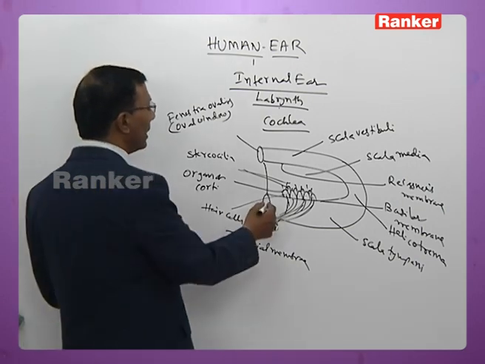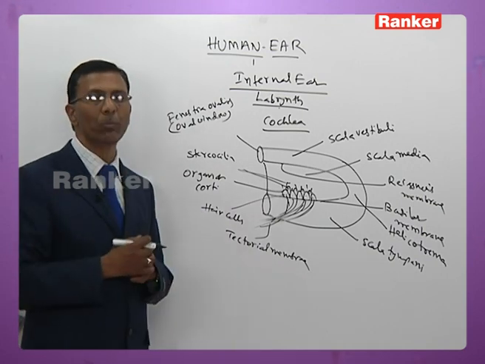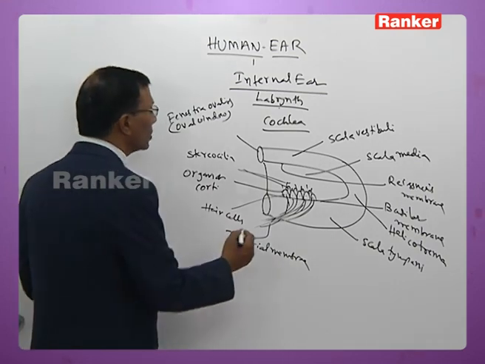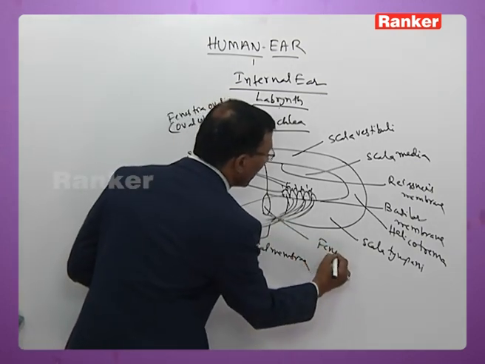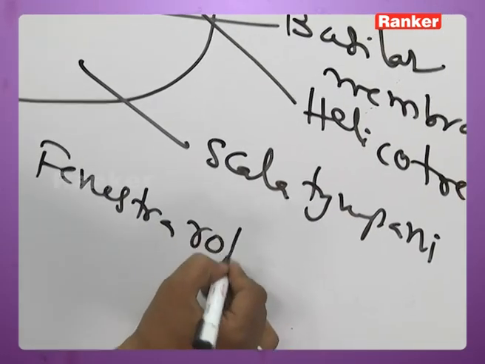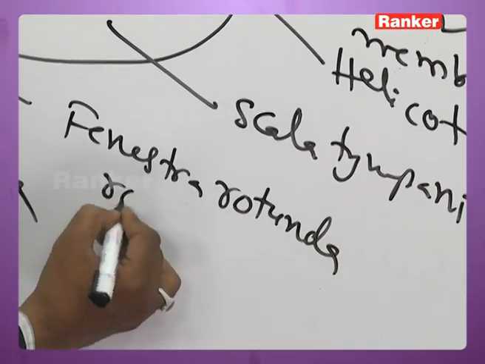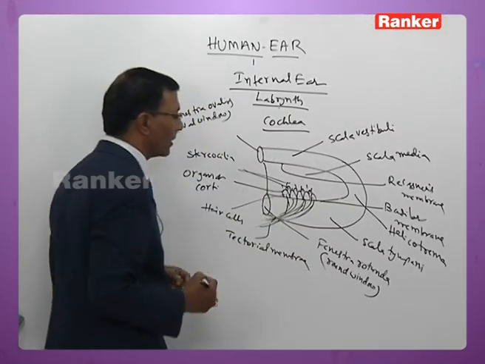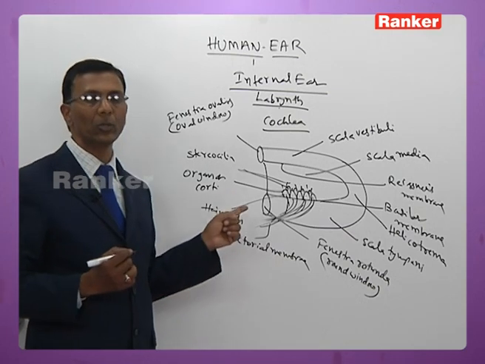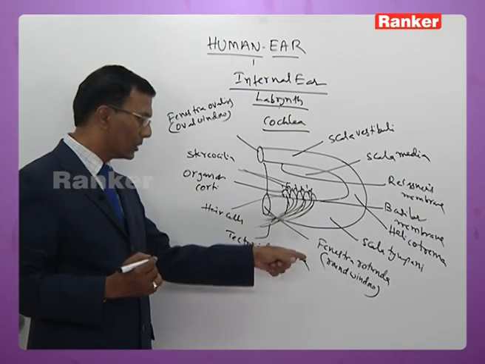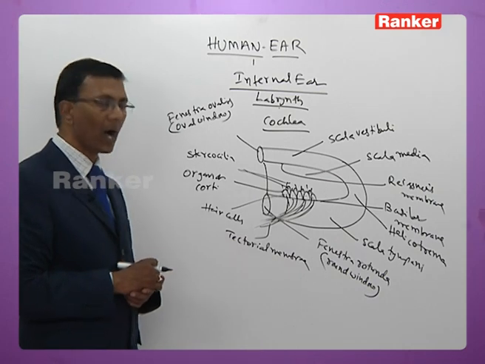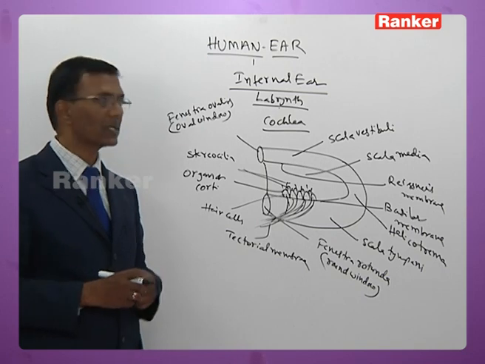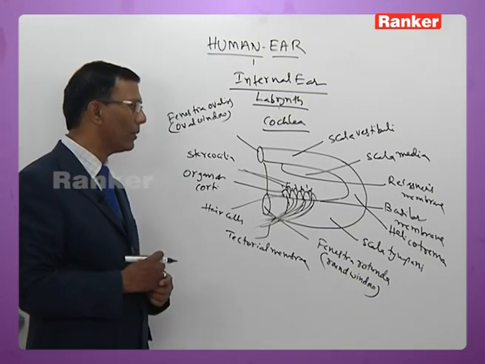The scala tympani opens into eustachian tube part of the middle ear, through an aperture called fenestra rotunda, which is also called round window. Okay, so scala tympani opens into eustachian tube part of the middle ear through fenestra rotunda or round window, and scala vestibuli opens into middle ear through fenestra ovalis or oval window.